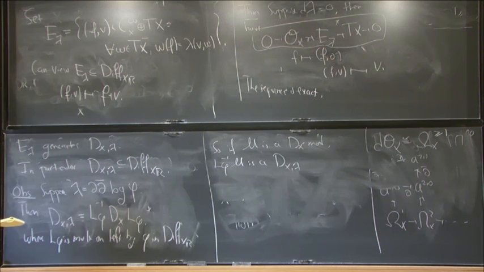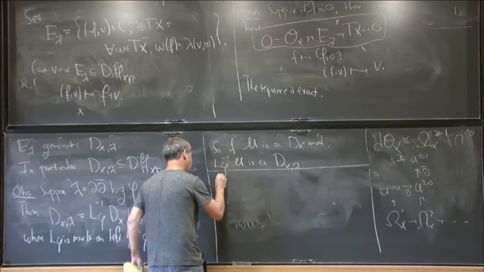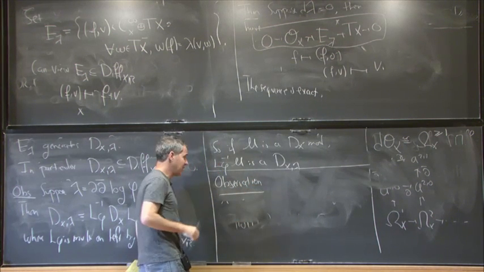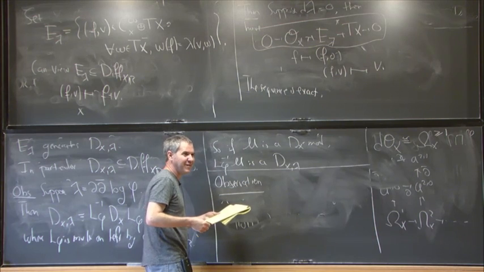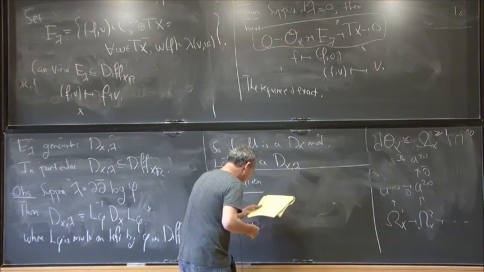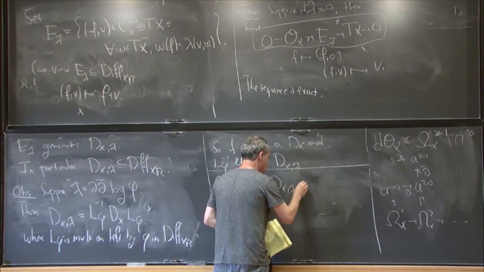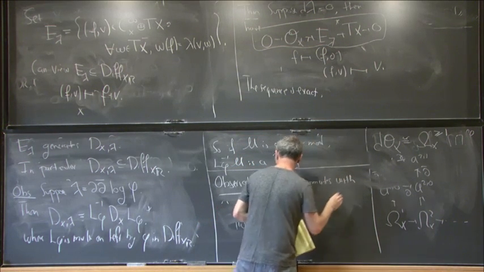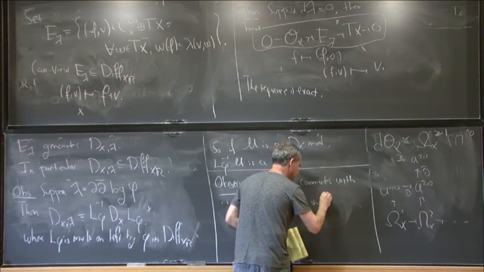Now I need to make one observation, and then I can say the main theorem, and then I can talk about the real stuff. The observation is that dx lambda commutes with dx bar minus lambda in this Diff XR.